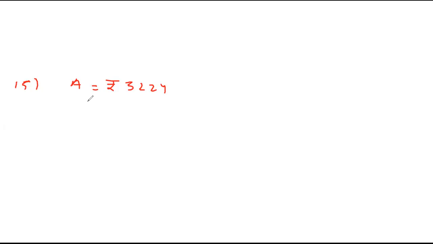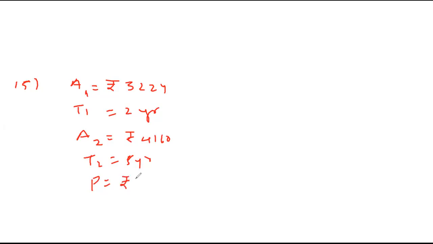So this is amounting to this much in how many years? 2 years. And the same principal, which I don't know, becomes 4160 in 5 years. Find the sum, that means the principal. Let it be rupees X and the rate of interest let it be R. R equal to R. Understood now?